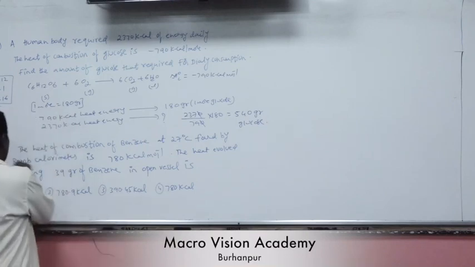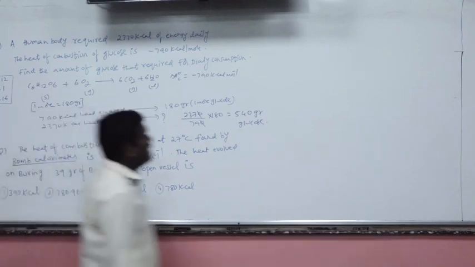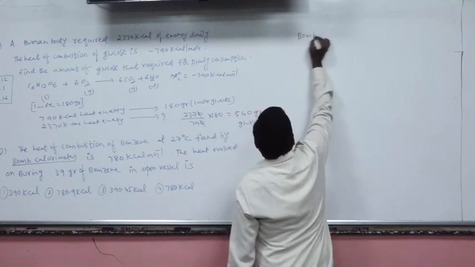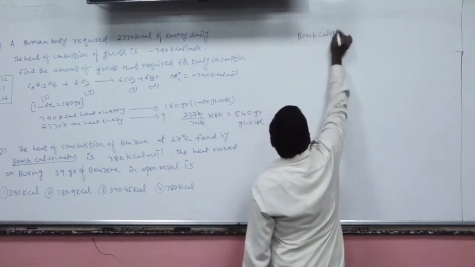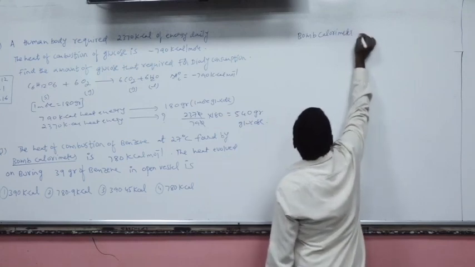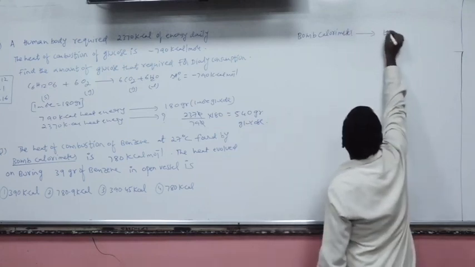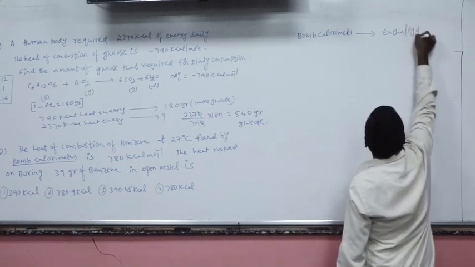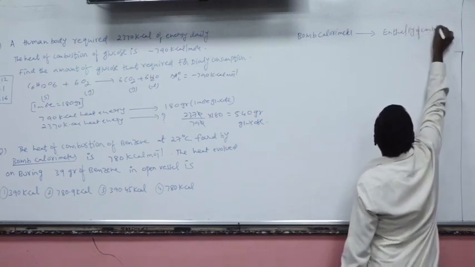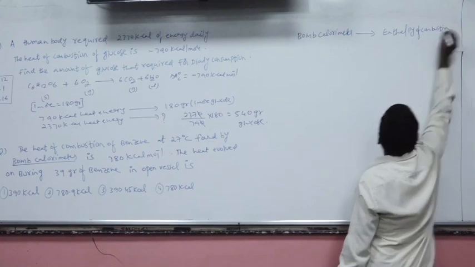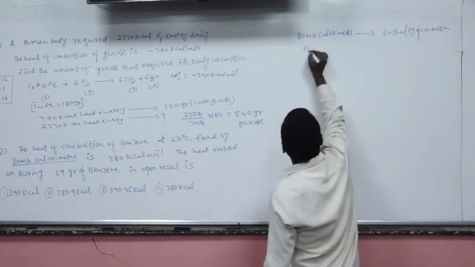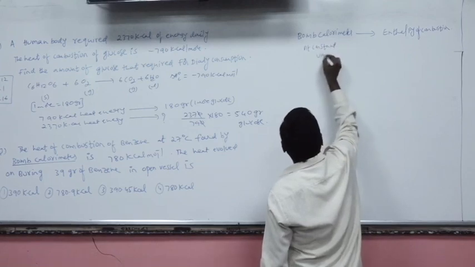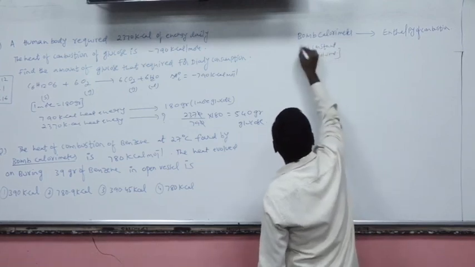Bomb calorimeter is an instrument to measure the enthalpy of combustion, the heat of combustion. This Bomb calorimeter is a closed system, so the experiment is carried out at constant volume.